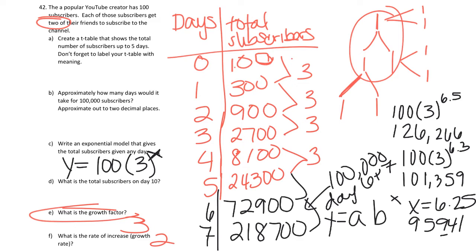I'm going to try 6.28. 99,000. Try 6.29. So if I do x equals 6.29, okay, on the test you want to write out a couple of the ones that you're trying. I know that you're guessing and checking in the calculator, but we have 100,251. That's going to be close enough because that's our two decimal places. So we're at 6.29 days.